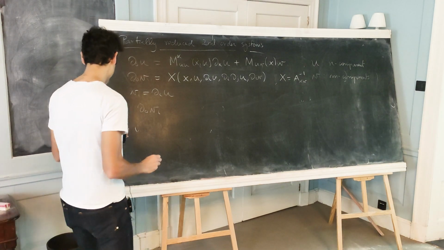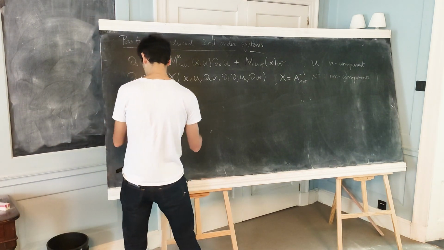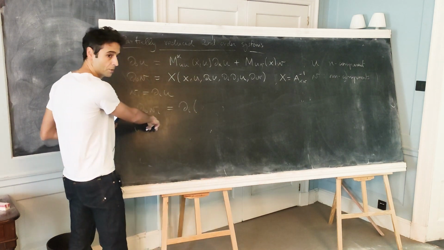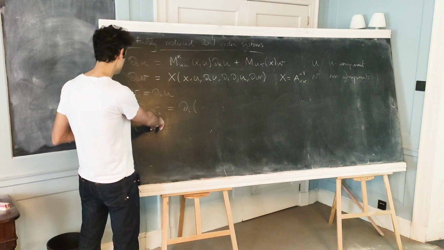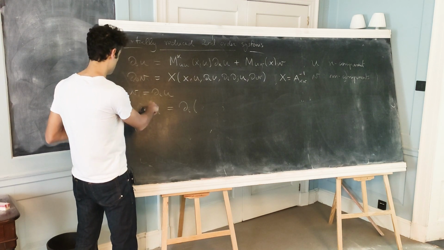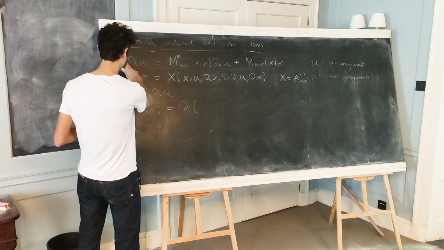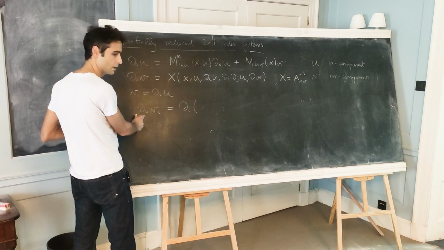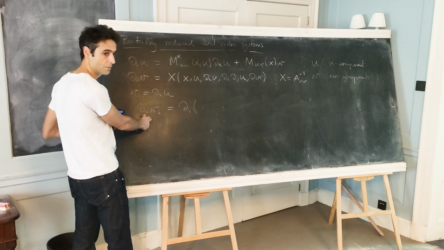Okay, and that will give us now an equation for this variable. So if you take now a spatial derivative of this and you commute the partials, then you get the evolution equation for these new variables. Okay.